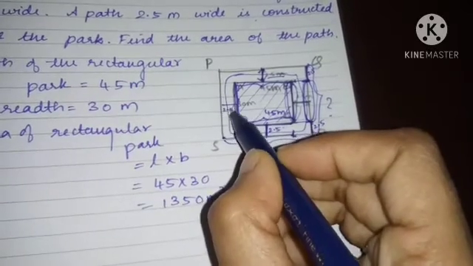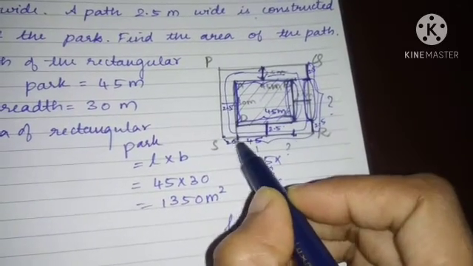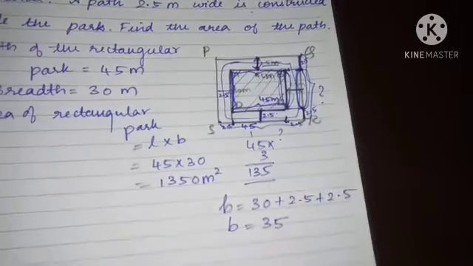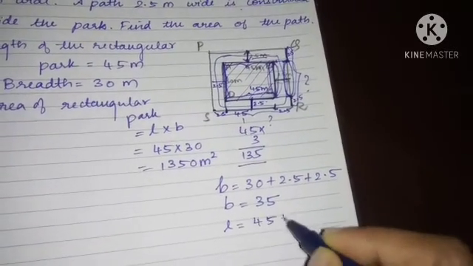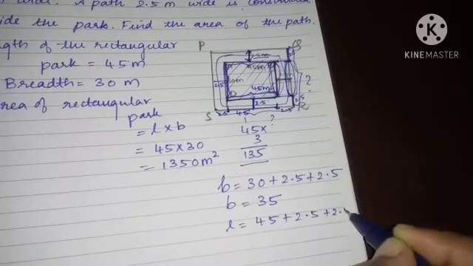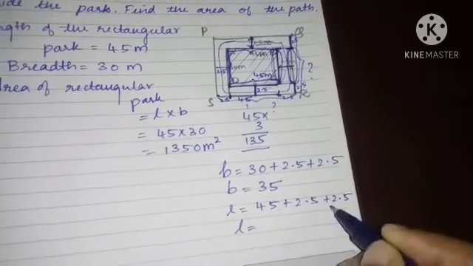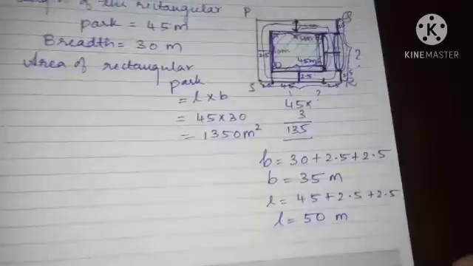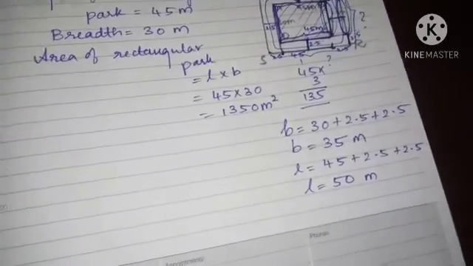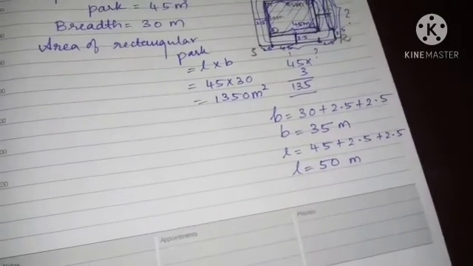Again here 2.5 and here also 2.5. So length is 45 plus 2.5 plus 2.5, which is 45 plus 5, so 50. So breadth is 35 and length is 50.